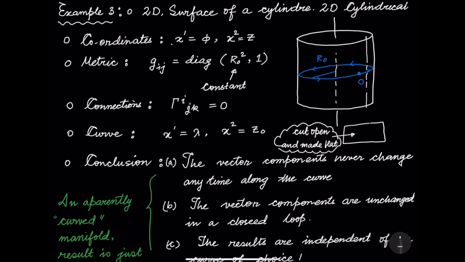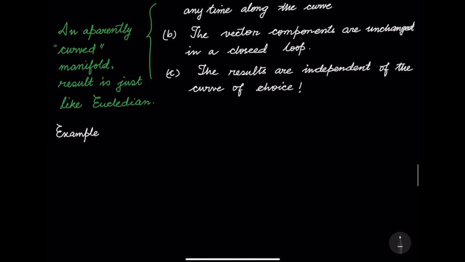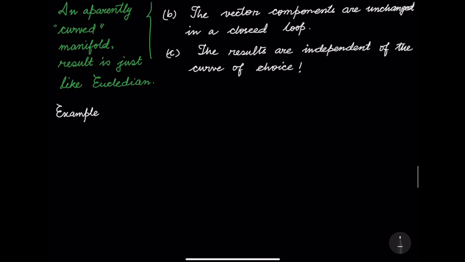Okay, so I'll not go any further on the discussion of this particular type of manifold or example here. Let me take up the last example. So long we have not found any evidence that the second and third will be otherwise, which is that the vector component will be unchanged after the closed loop travel, and the result will depend on some parameters of the curve.